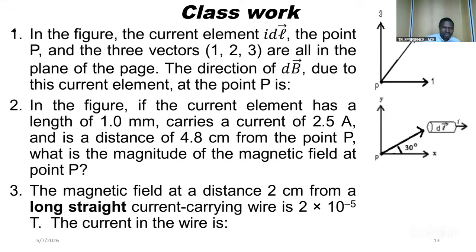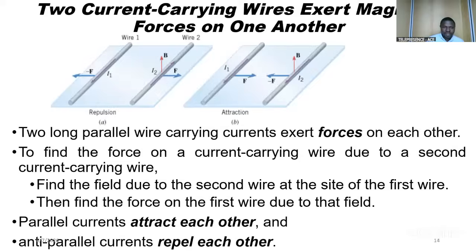I asked you to take a picture of the classwork, dictated the answer, and gave you a hint on how to solve questions 1, 2 and 3. Today we are going to start with two current-carrying wires exerting magnetic force on one another.